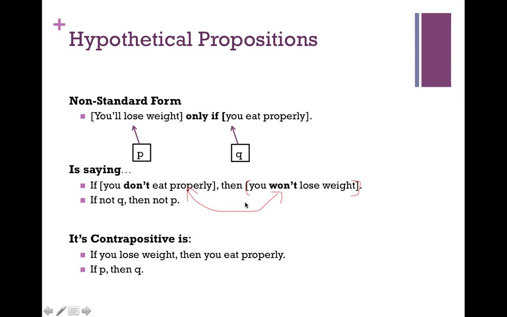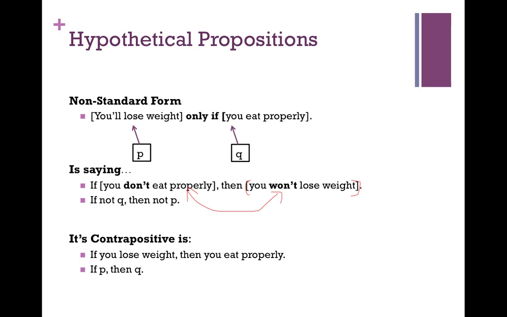So in other words, if P, then Q. So that's another way you could think about it, and actually that's easier for me, to be honest. When I think about what's being said up here, you'll lose weight only if you eat properly, well, that means if you don't eat properly, you won't lose weight, which is saying if not Q, then not P. Well, all hypotheticals have a logically equivalent contrapositive.